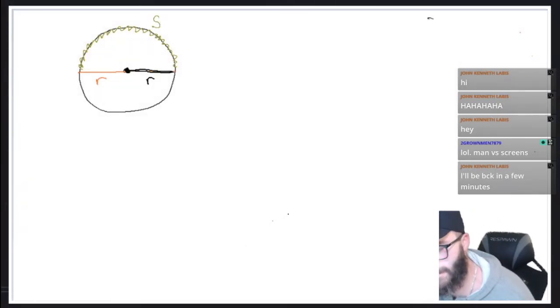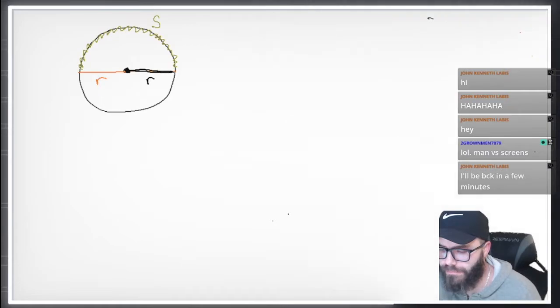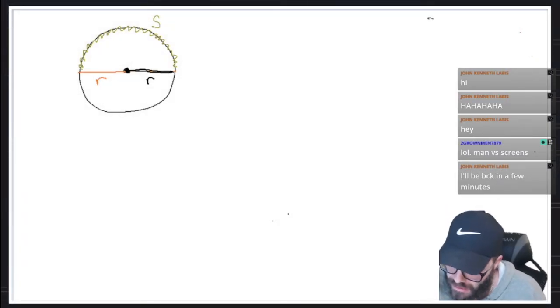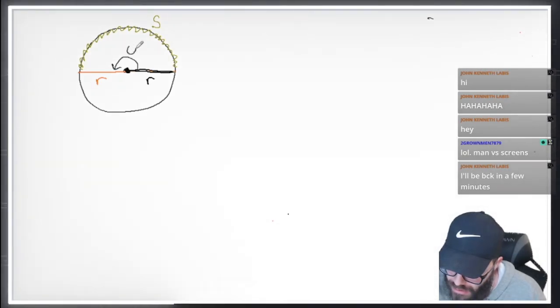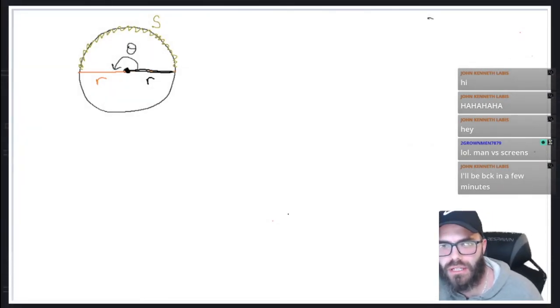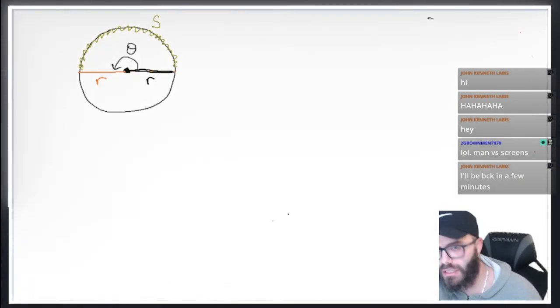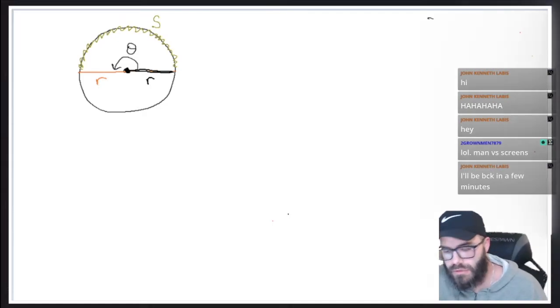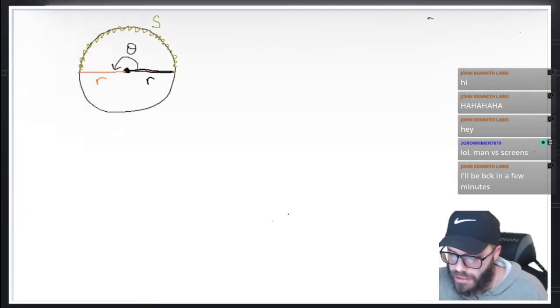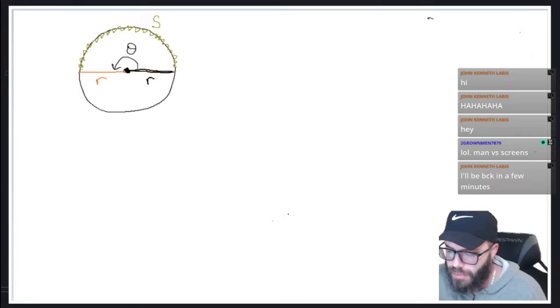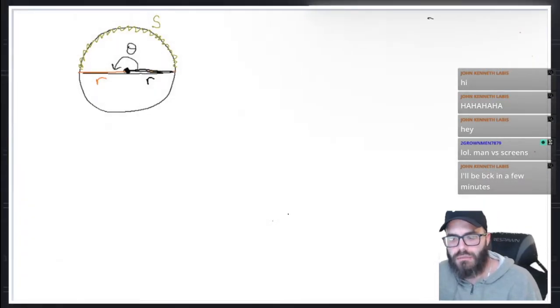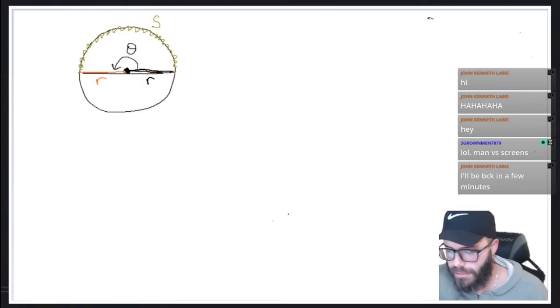So what is the central angle of, say, a semicircle? The diameter splits a circle in half. Therefore, you have two semicircles: a semicircle above the diameter, and a semicircle below the diameter.